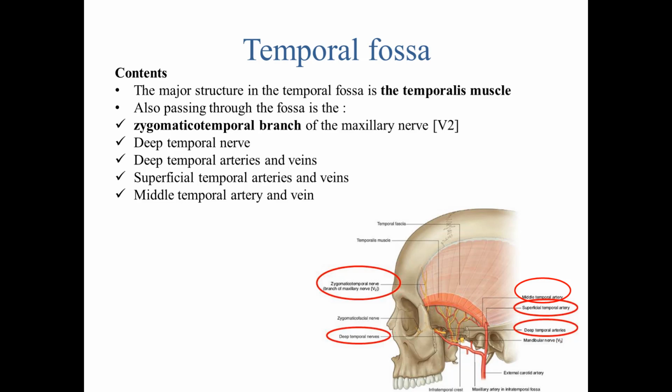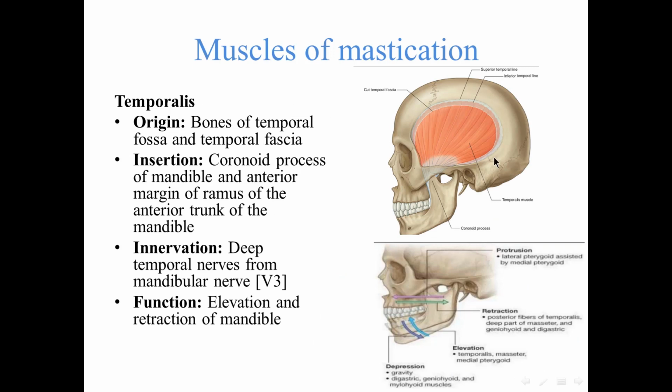About the temporalis muscle, it arises from the whole of the temporal fossa. Its fibers converge and descend into a tendon that passes through the gap between the zygomatic arch and the side of the skull.